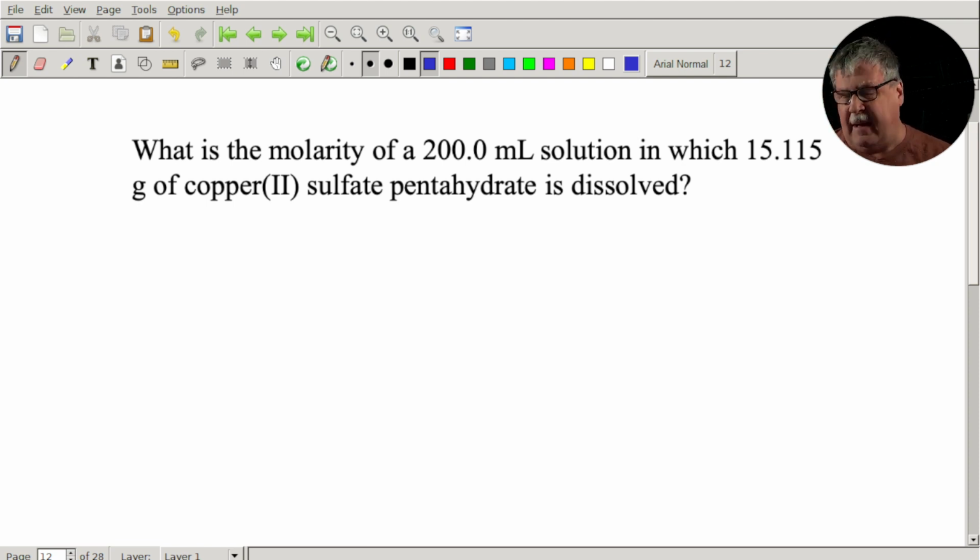So we have several things we have to think about here. The first one is, if we're dissolving copper 2 sulfate pentahydrate, what's the formula of that compound?